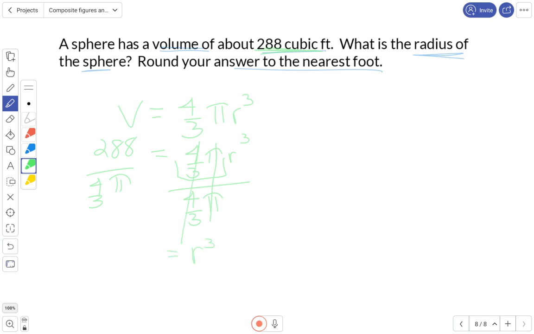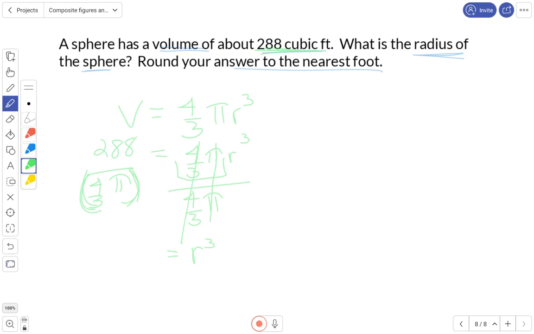On the left side, you need to make sure that when you put this in the calculator, you do 288 divided by, and then this in the bottom, this 4/3 pi, you have to put that in parentheses so that your calculator knows the correct order of operations to perform.